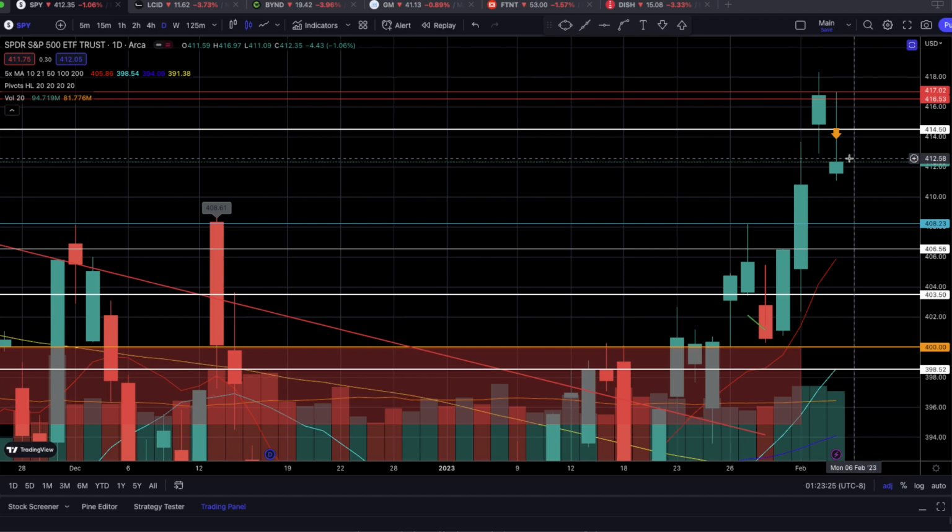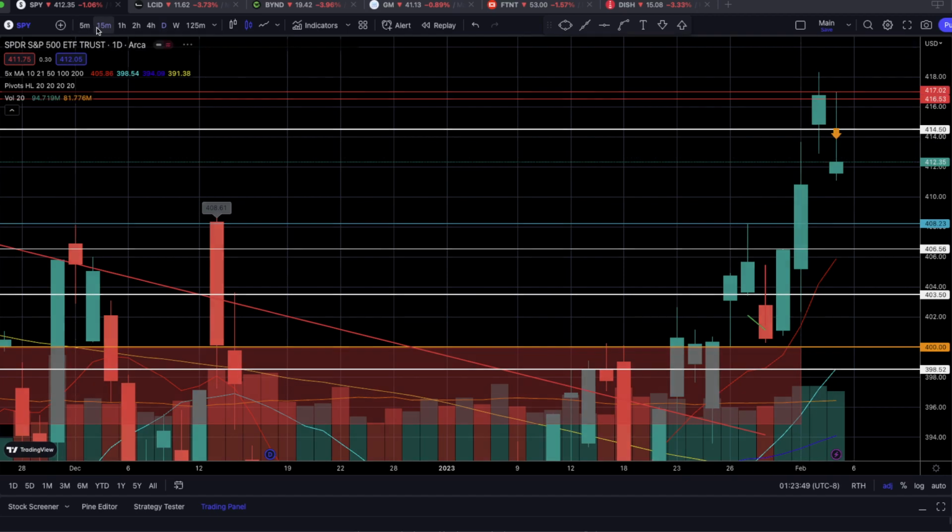Why? Well, because if you think about it, a hammer candlestick is a very bullish candlestick. So if you're talking about an inverted hammer candlestick, we're talking about a complete opposite candlestick to the hammer candlestick. And that is the reason why this inverted hammer candlestick is very bearish.